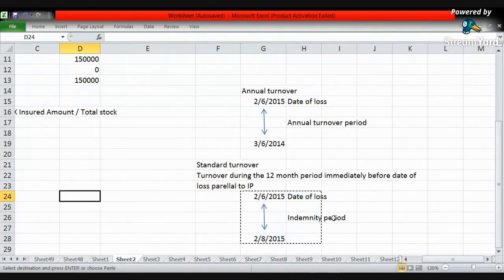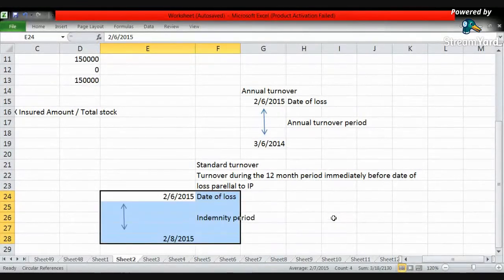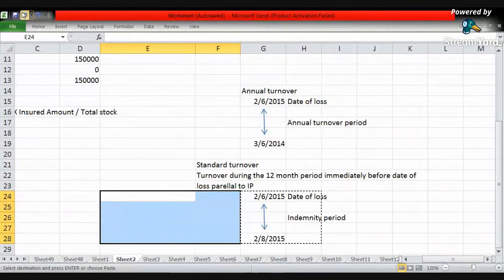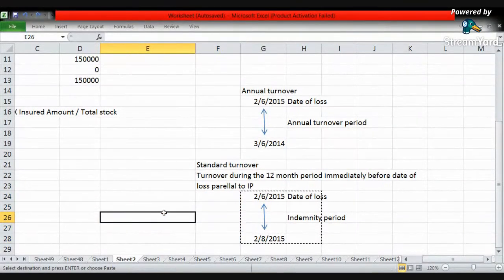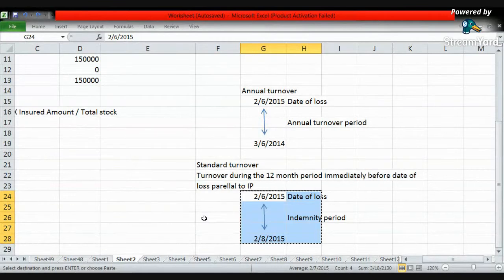Now the parallel period last year, that's what is called the standard turnover period. I am going to take the parallel period last year. So same period last year.